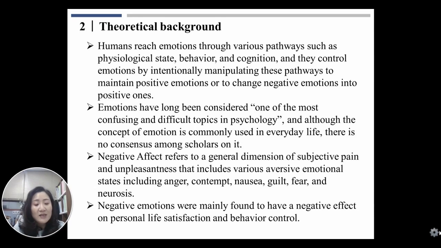Lazarus described emotion as a response to physical or psychological change, viewed as a result of an individual's interpretation, and Davidson said that it is accompanied by a change in facial expression and direct organism behavior.